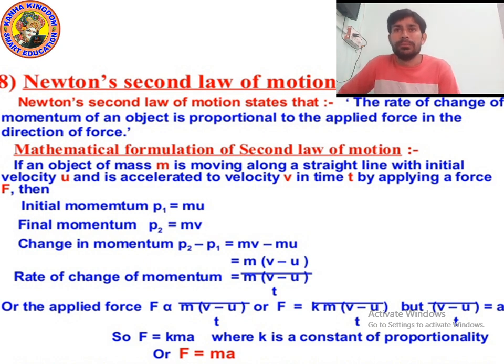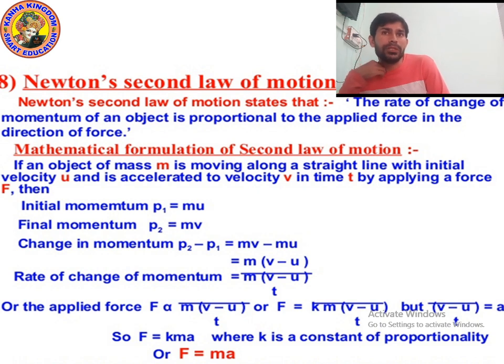Now, in terms of change of momentum, we can say p2 minus p1. Whenever we talk about change, change in momentum, change in velocity, we subtract final minus initial. So here it will become p2 minus p1, means mv minus mu. M is common, so we take m outside. It will become m into (v minus u) in the bracket.